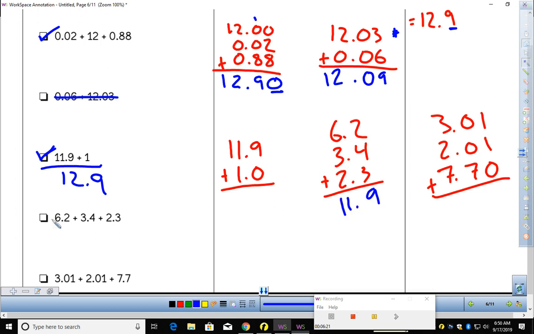Close, but not quite. This one's really tricky because if you don't line up your place values, you're going to say that it does, right? Because 1 plus 1 plus 7 is 9, but those place values aren't lined up. 1 plus 1 plus 0, 0 plus 0 plus 7, 3 plus 2 is 5, plus 7 is 12. So that one is also incorrect.